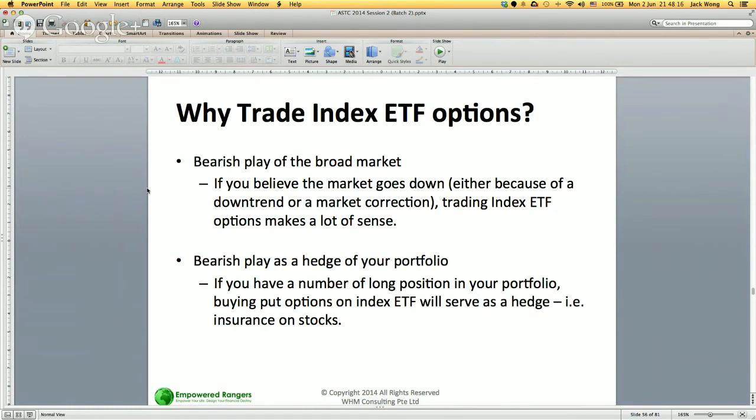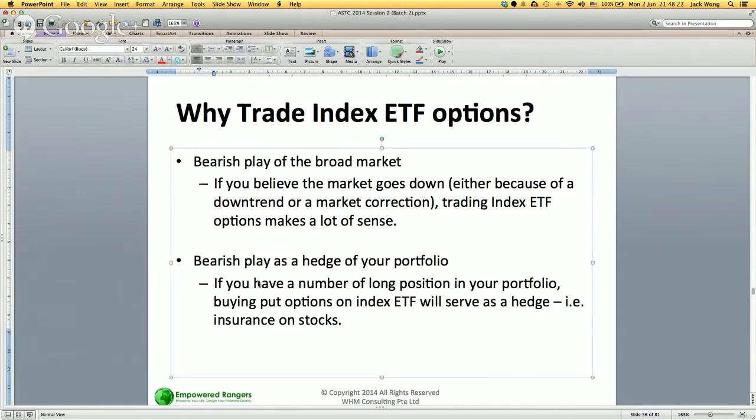I lost a lot because these are all my insurance, which is fine. That's why I say use SPDR to hedge your portfolio. Losing money on insurance is perfectly fine, because you make money from the stocks. If you make money on SPDR, then I worry about your other positions. Think about this, because SPDR is an insurance play.